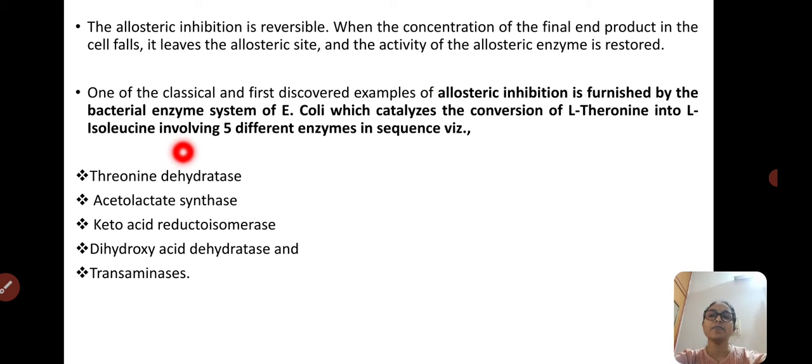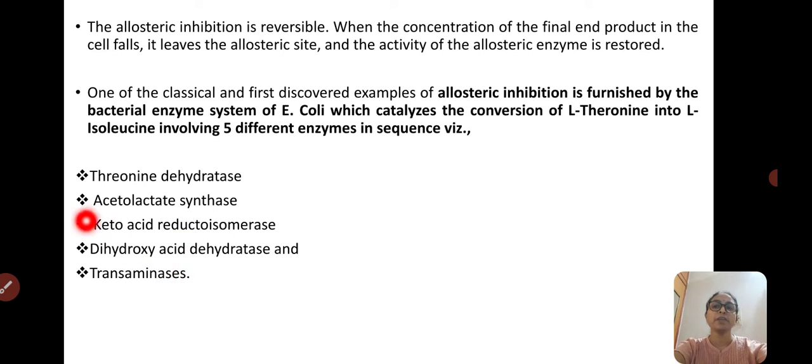A very familiar, famous example of this allosteric inhibition is from the bacterial enzyme of Escherichia coli, which catalyzes the conversion of L-threonine into L-isoleucine, involving 5 different enzymes in this sequence.